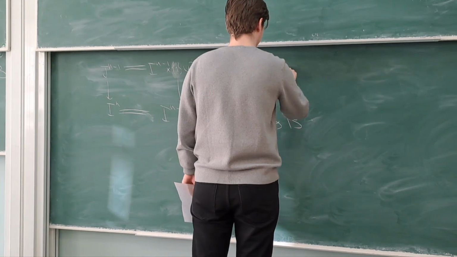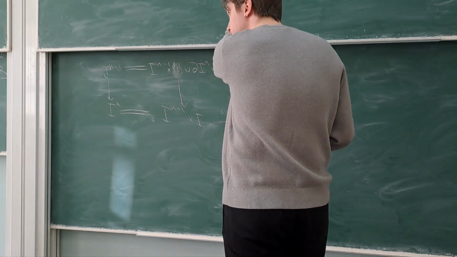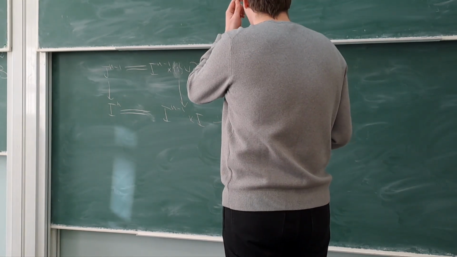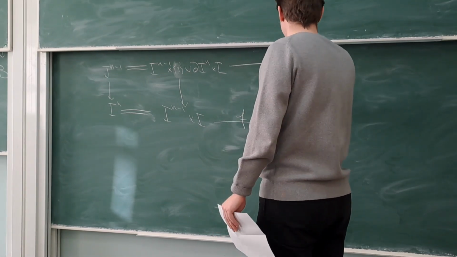Here I put B, E. I want to draw such a map. Here I put F, this is pi.